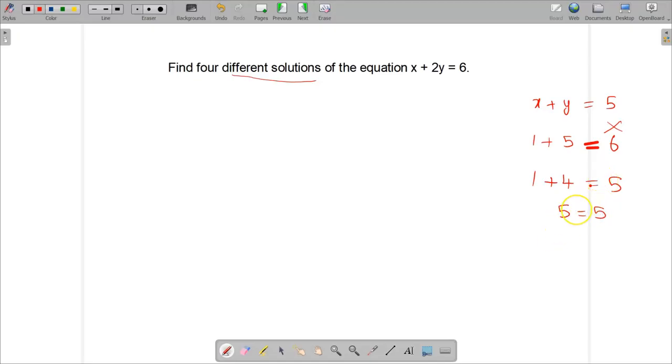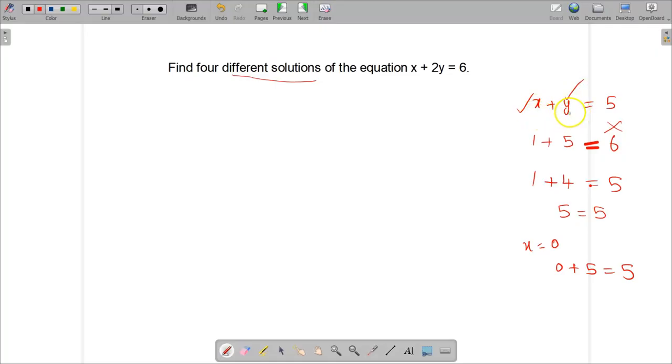Similarly, it is not the case that x is always 1 and y always 4. x equal to 0 I can also take, so that 0 + 5 is equal to 5. Like this I can have different values for x, and corresponding to x I will get different values for y.